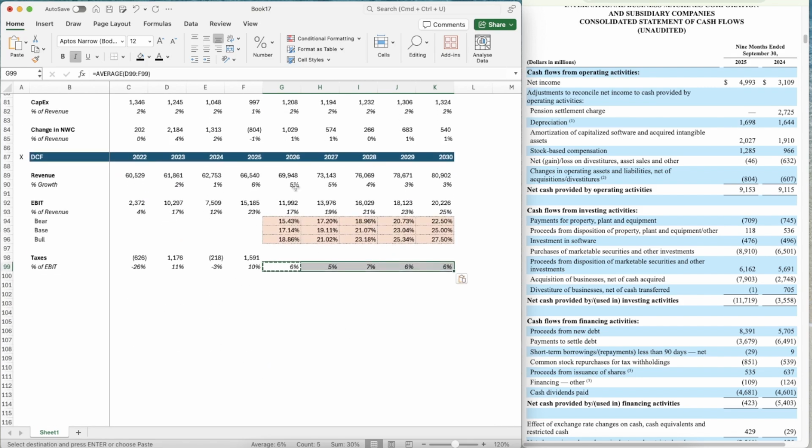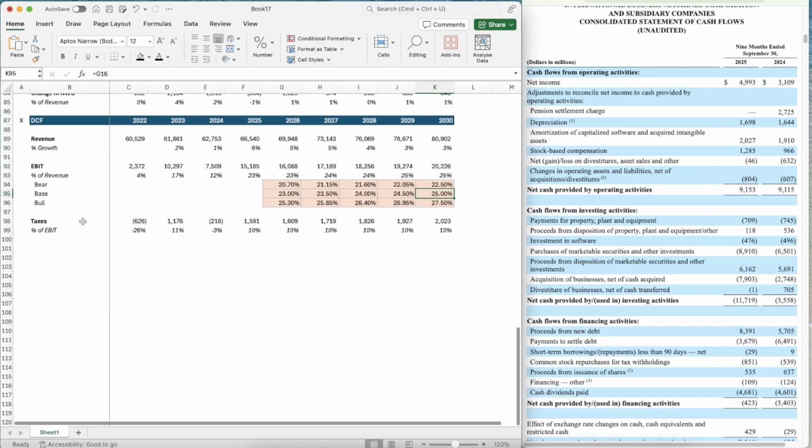This is good EBIT. I think they're going to have to be paying a proper tax rate. I'm going to go with 10% for the next few years. Multiplied by this EBIT here. Let's say it maintains that margin, but it grows to 23%, then it goes to 23.5, 24, 24.5, 25. So continual margin expansion. And if there is a bear case, we can see what that would look like if it was at 25%.